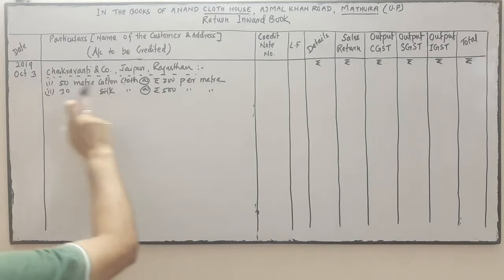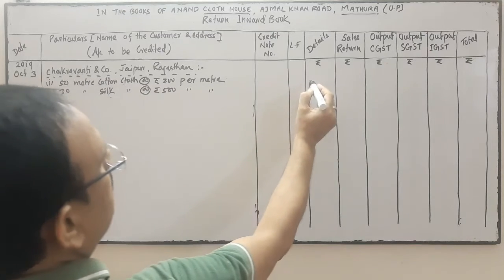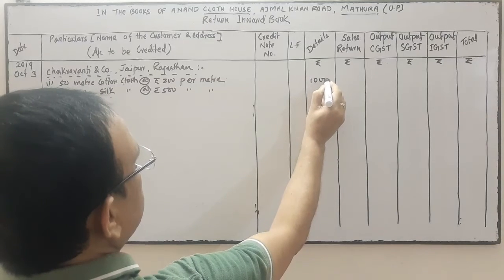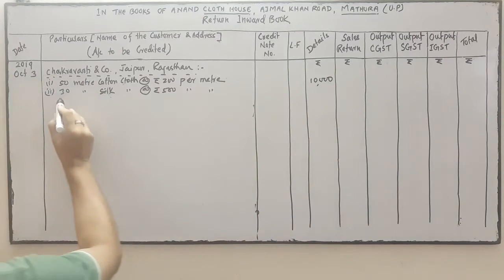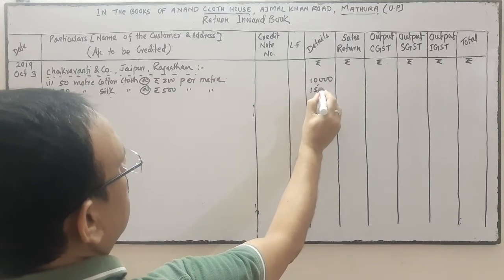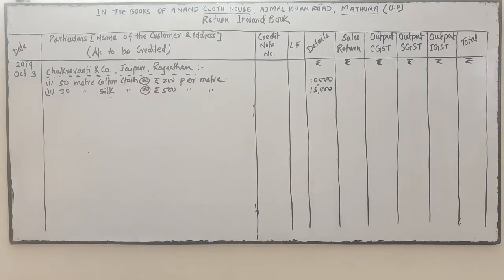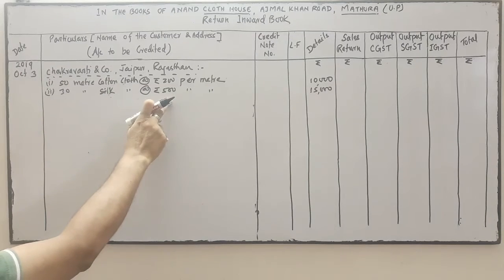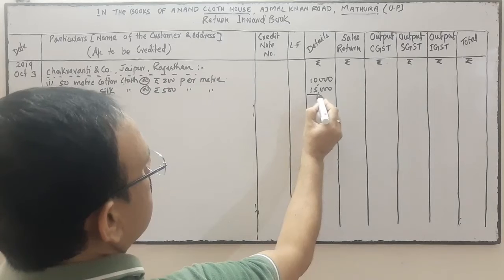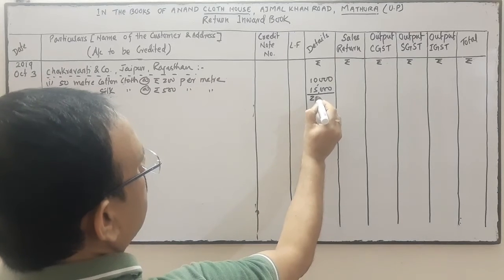So now we'll multiply 50 into 200. It is 10,000. And 30 into 500, it is 15,000. Total is 25,000.